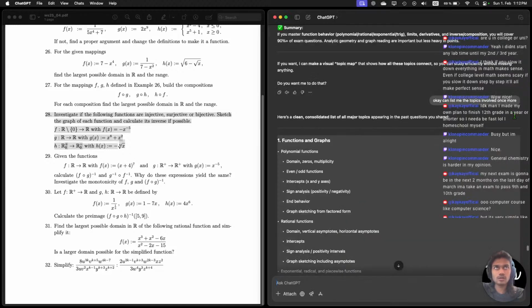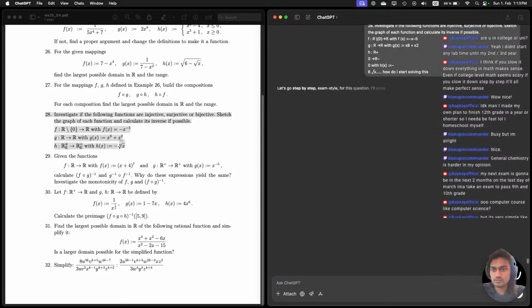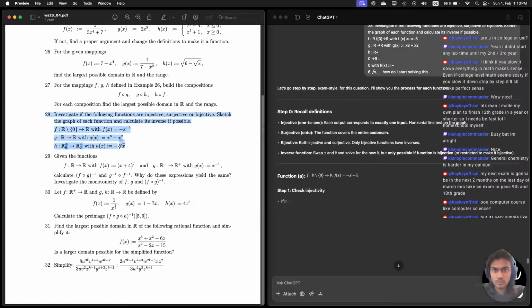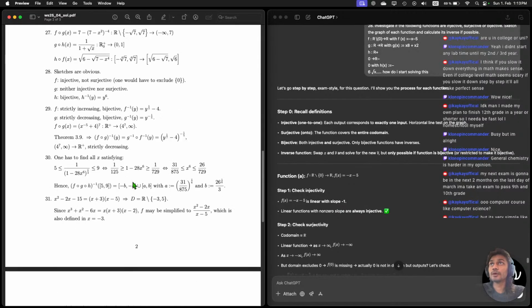Where is it? Okay. How do I start solving this? We got assignment sheet solutions. 28.